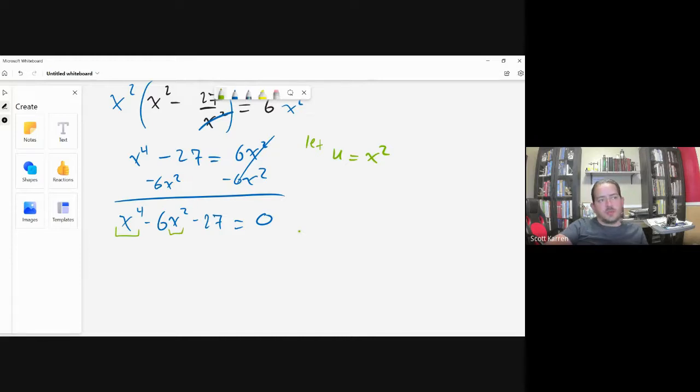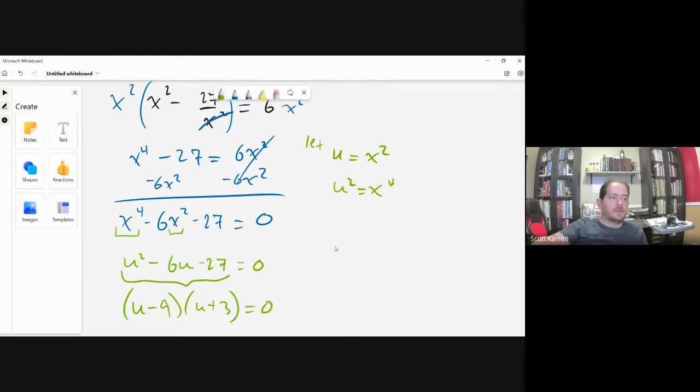If u is x squared, then u squared is x squared squared, or x to the 4th. And I just replace this. X to the 4th is now u squared. 6x squared becomes 6u, minus 27. And it's easy to see that this factors down to u minus 9 times u plus 3.